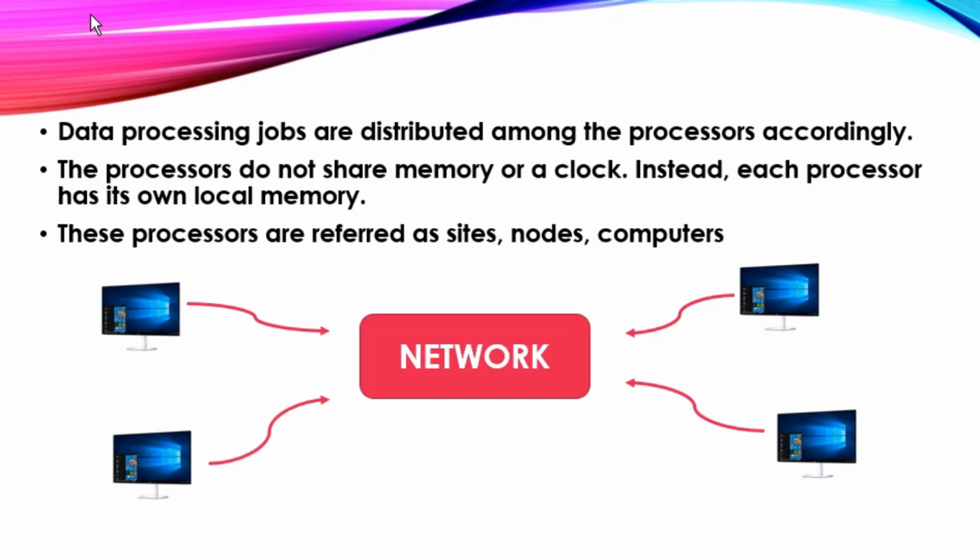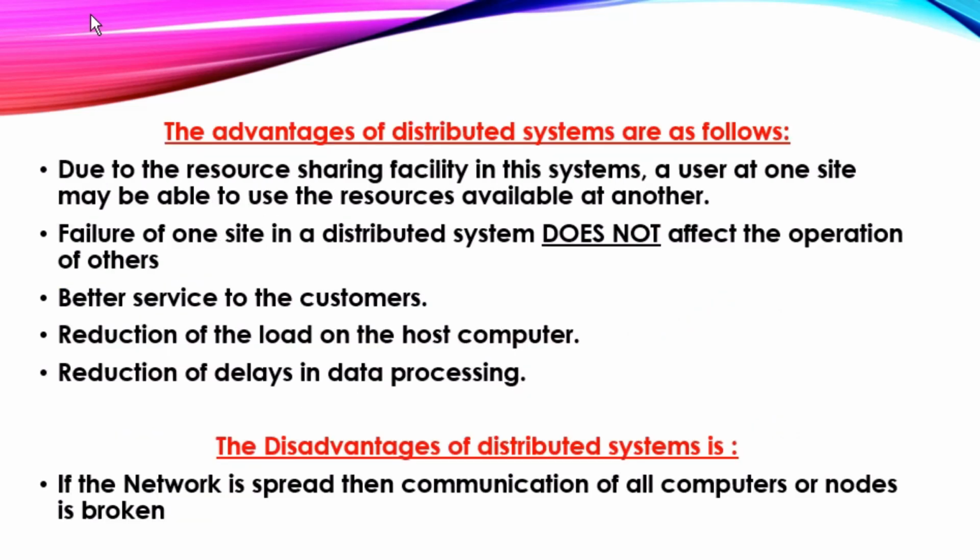Advantages of distributed systems are as follows. Due to the resource sharing facility in these systems, a user at one site may be able to use the resources available at another site. Failure of one site in a distributed system does not affect the operation of other sites.